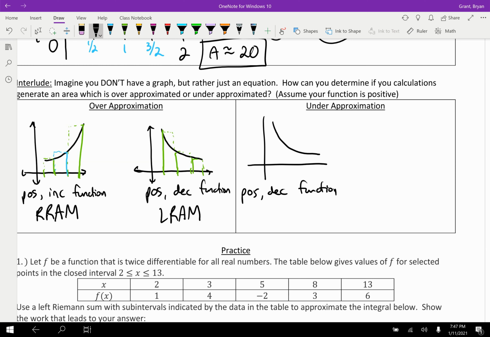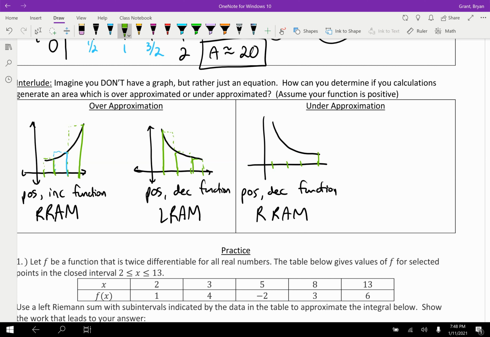Will that over or under approximate your graph? So I literally sketched this exact graph, and they've told us that they want us to do a right rectangular approximation method, getting near the end, sorry, I'm struggling here.